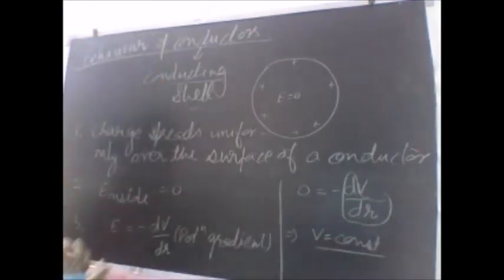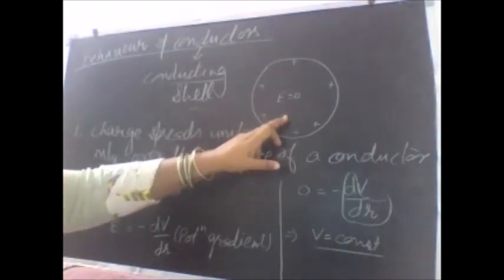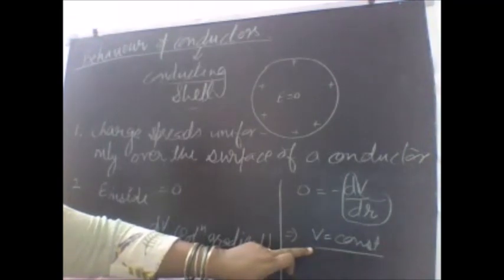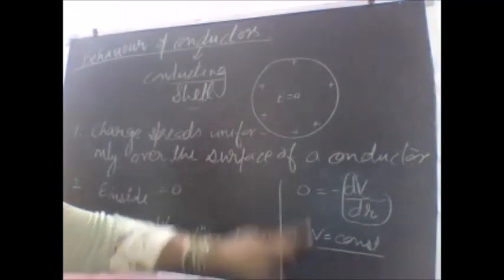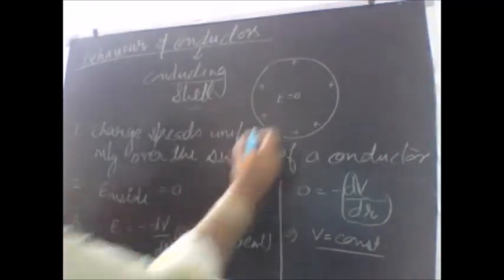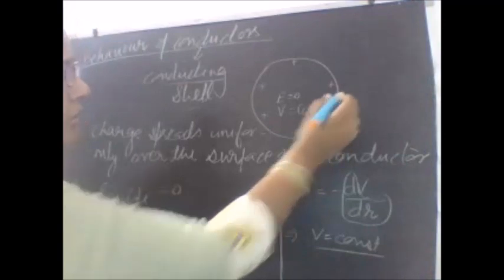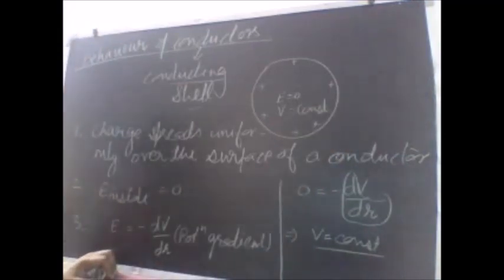That means although the electric field inside the charged shell or a conductor is 0, V has a certain constant value. So throughout from the center to the surface, the potential should be constant.